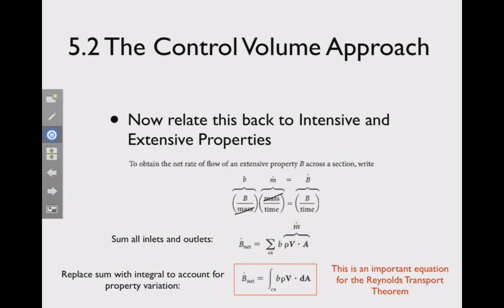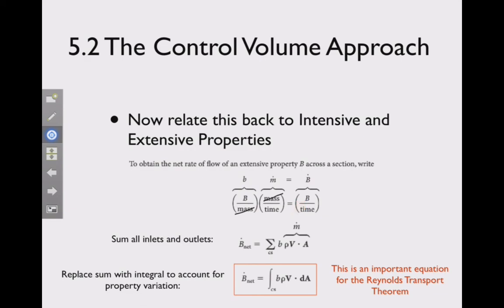So now we're getting to something that might be of interest to us. How is the momentum changing inside a control volume? How might the energy be changing in time in our control volume? So we can see that we're starting to have the building blocks for understanding, as mass flows through a control volume, how we get at the time rate of change of our quantity of interest.